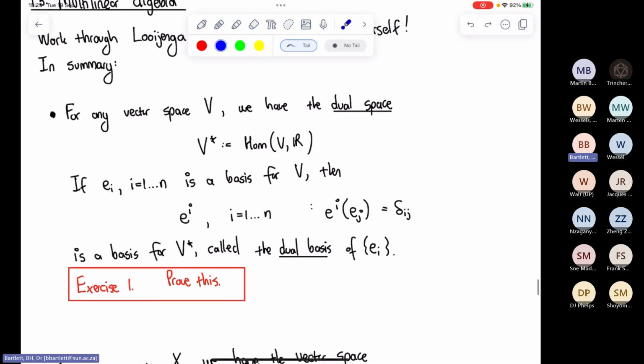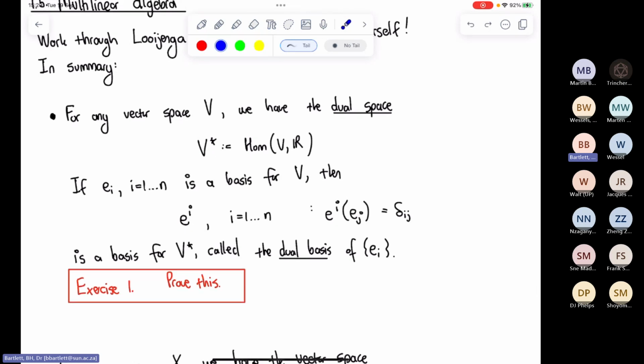Okay. If E_1 up to E_n is a basis for V, so there's E subscript i, then E superscript i is defined as follows. To define a linear function from V into R, you just have to define it on a basis. And these guys, when you feed them the E subscript j's, give you out delta i j.